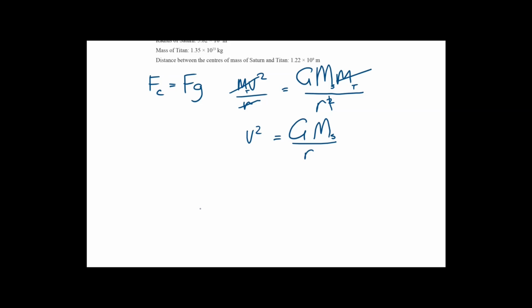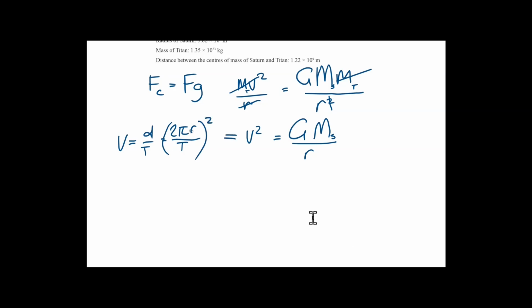We need t, but remember what velocity is. Velocity is distance over the time period it takes to get around there if you're going around in circles. So that's going to be equal to 2 pi r, r being the radius here, over the time period. That will be the velocity, and we would need to square that.